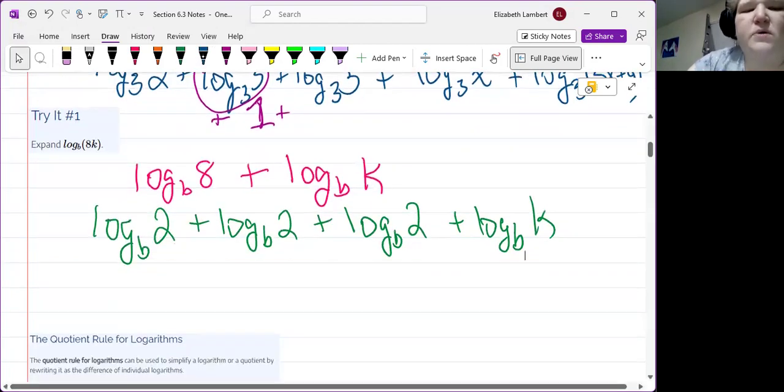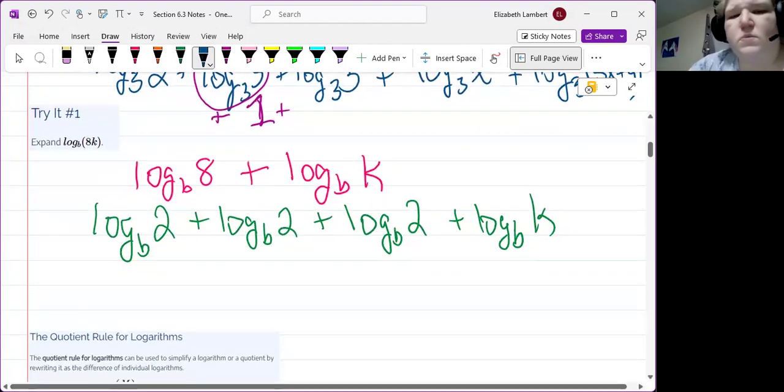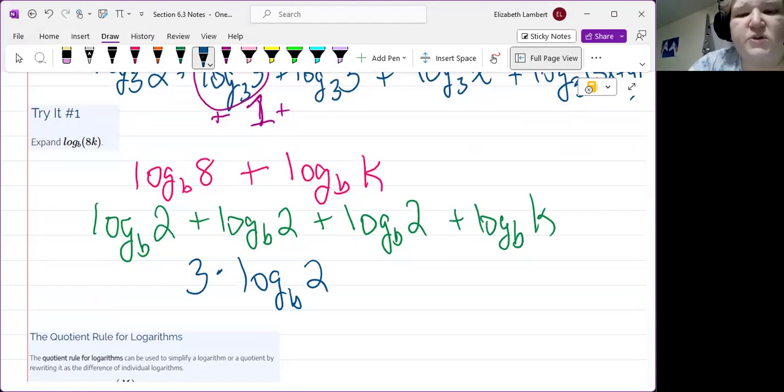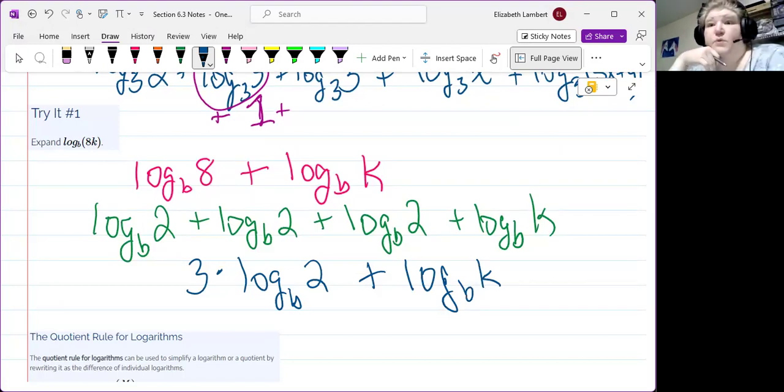And now log base b of 2, that's the same thing I wrote several times. How many times did I write it? 3 times. So I could rewrite it as 3 times log base b of 2 plus log base b of k. And I just gave you a preview of the power rule.